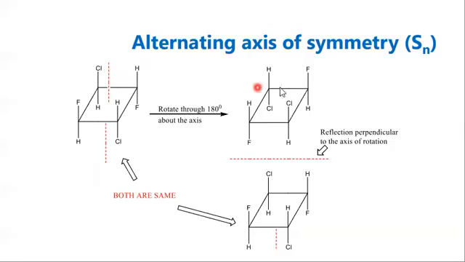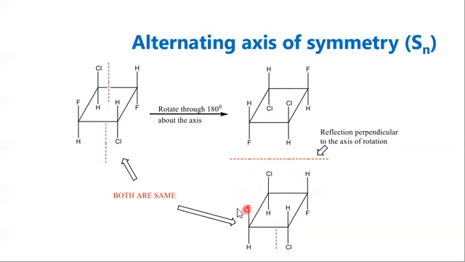So here we rotate through 180 degrees, and we got this configuration. This is the axis of rotation. Now we are placing a mirror, and it is important that it is perpendicular to the axis of rotation. Now we reflect this one. So you can see after the reflection, we get this configuration.